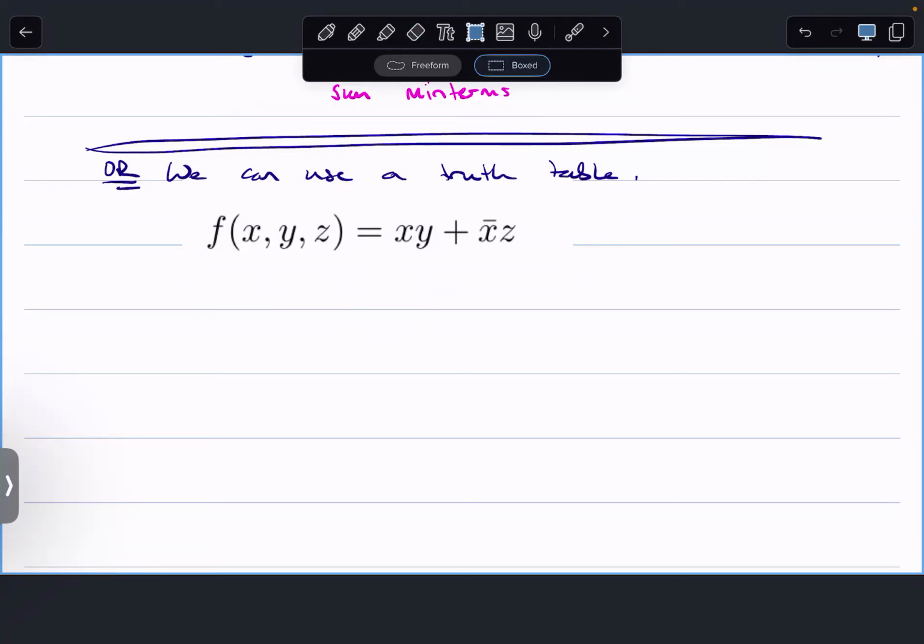Okay. So you're told that it has to involve X, Y, and Z. We know what our truth table looks like, right? We have 3 literals, and so now we need 8 rows. That's a good place to start.